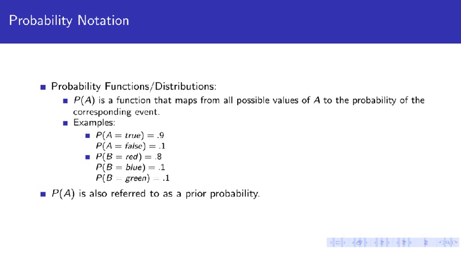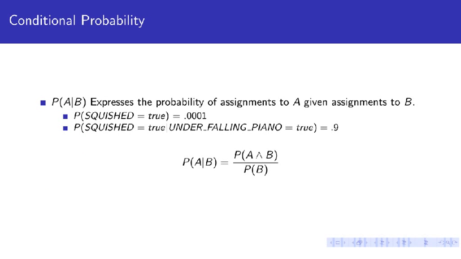We're also going to refer to probabilities that look like this as prior probabilities, meaning that this is the probability of this event given that we don't know anything else about the world. So our belief or our probability about this event might change in the face of additional information. And we'll see what that looks like in a minute. So conditional probability represents exactly our idea of what the probability of one thing is given that we have information about some other thing, right?